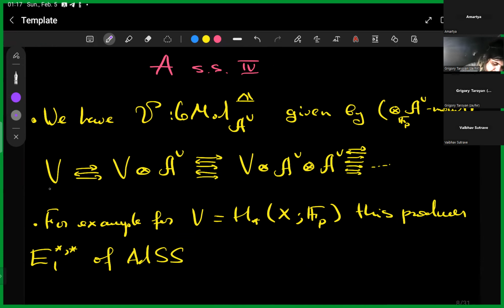Then we can form a cosimplicial object like this, and its associated chain complex will be precisely the E1 term of the Adams spectral sequence. So if we take as such an object the homology of X with coefficients in F_p, this, as I said, produces the first page.